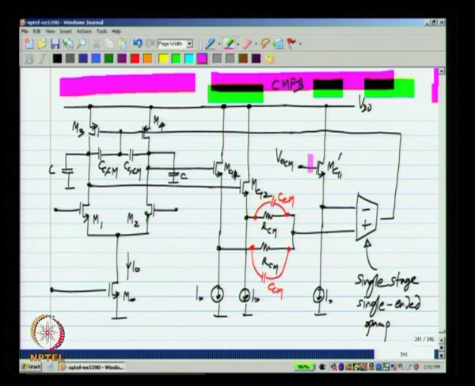Okay. What should be the value of VOCM? We did not discuss that, but it is kind of straightforward. There will be certain output swing limit for the fully differential op amp. Okay. Now, VOCM should be in the middle of that range, so that you can swing the maximum possible. Okay. I did not discuss the swing limits of the fully differential single stage op amp, but again it is quite simple.